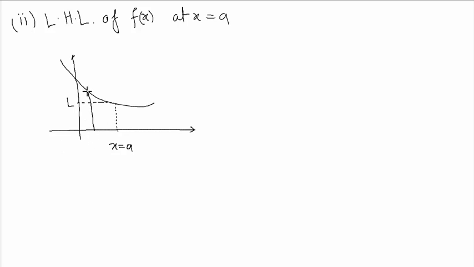At this point the function has this value, at this point the function has this value. So you can see as we approach from the left, the function is approaching L. So to express this, we have the notation limit x tending to a minus f(x).